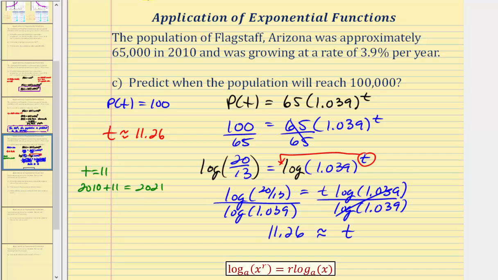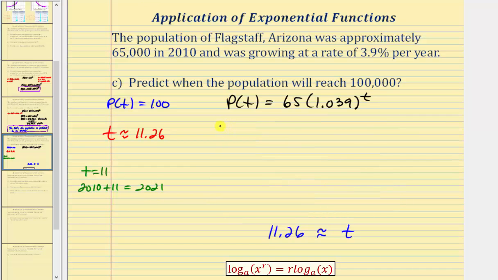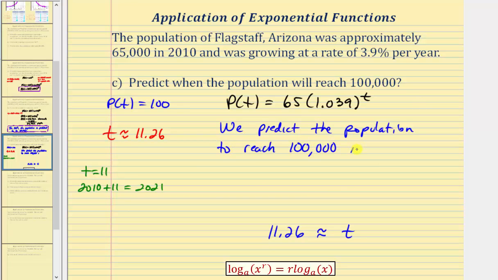So to put this in a sentence, we'll say we predict the population to reach 100,000 in 2022.